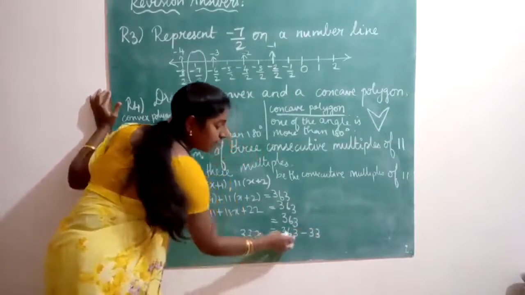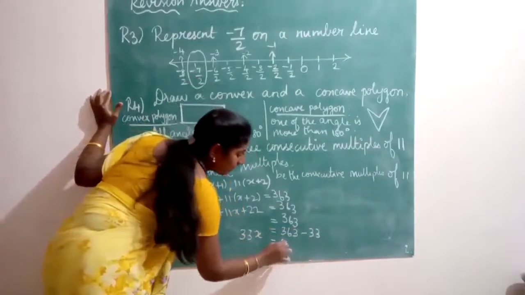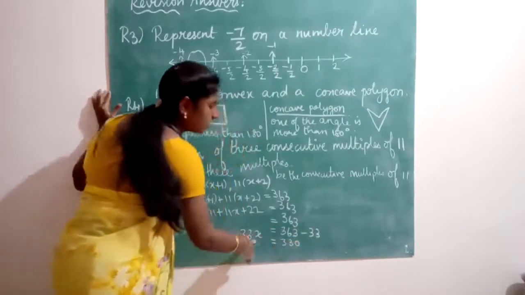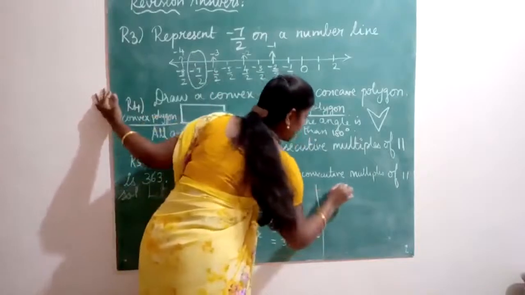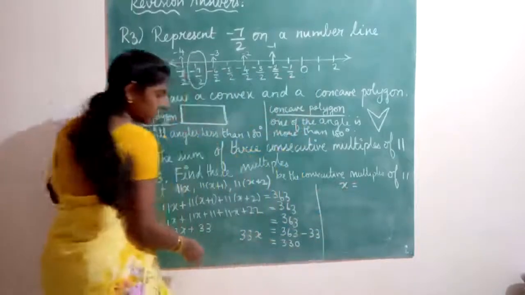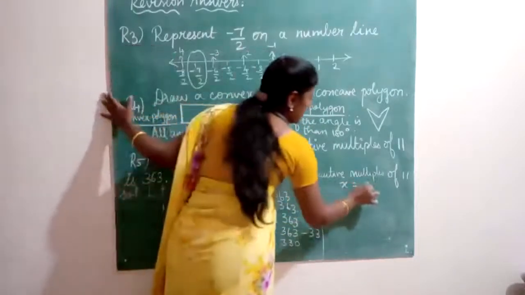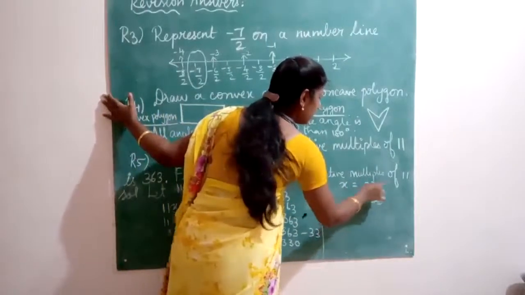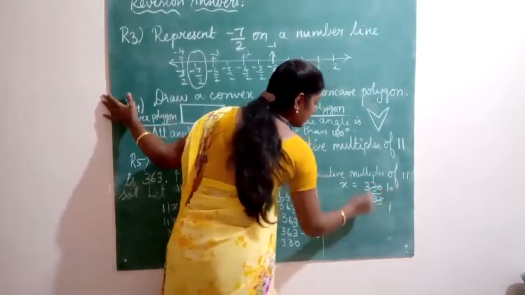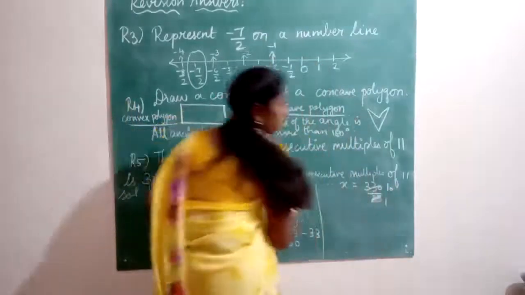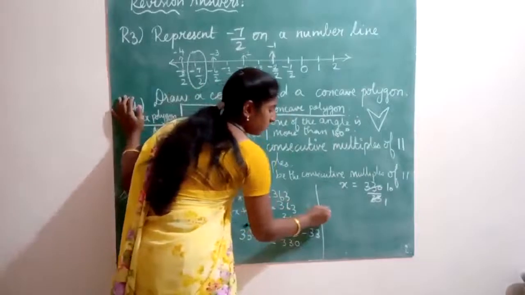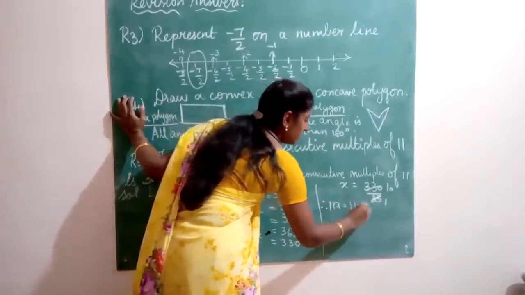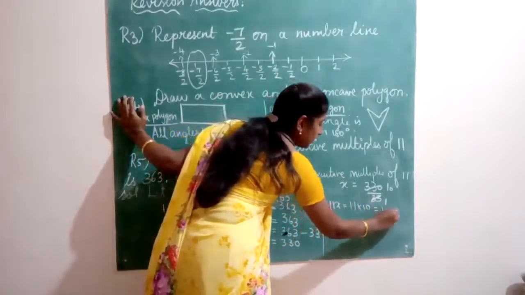If you subtract 33 from 363, what will you get? 330. So x is how much? x is equal to 330 divided by 33, and that is nothing but 10. So 11x is equal to 11 into 10, that is 110.